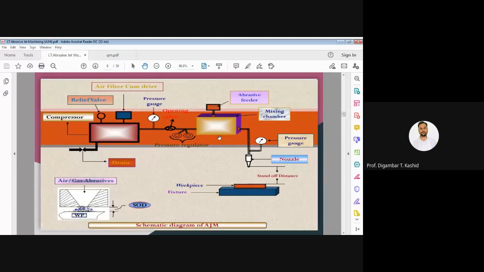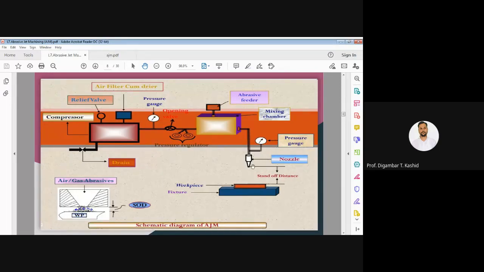The mixture of the air and the abrasive particles comes out from this. You can see here, here you will get the mixture of air and abrasive. Again a pressure gauge is used, with the help of which you can measure at what pressure the air and abrasive particle jet is coming out.